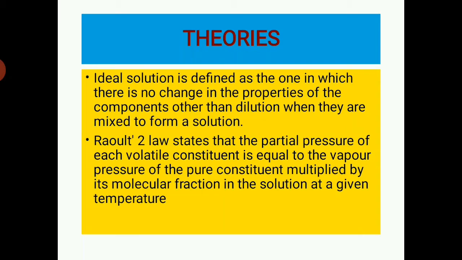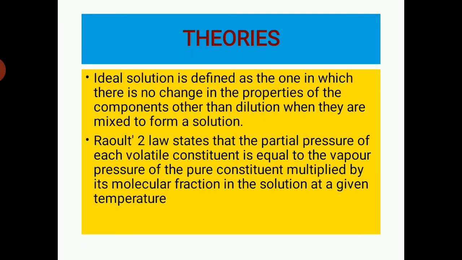Ideal solutions are characterized by one of the important physicochemical properties of liquids, namely vapor pressure. Raoult's law expresses a quantitative relationship between the concentration and vapor pressure. Raoult's law states that the partial vapor pressure of each volatile constituent is equal to the vapor pressure of the pure constituent multiplied by its mole fraction in the solution at a given temperature.